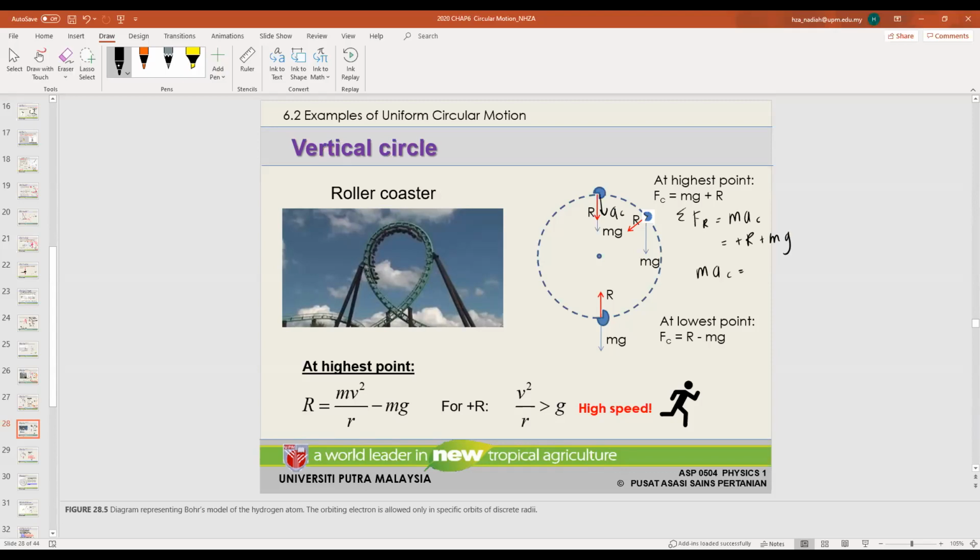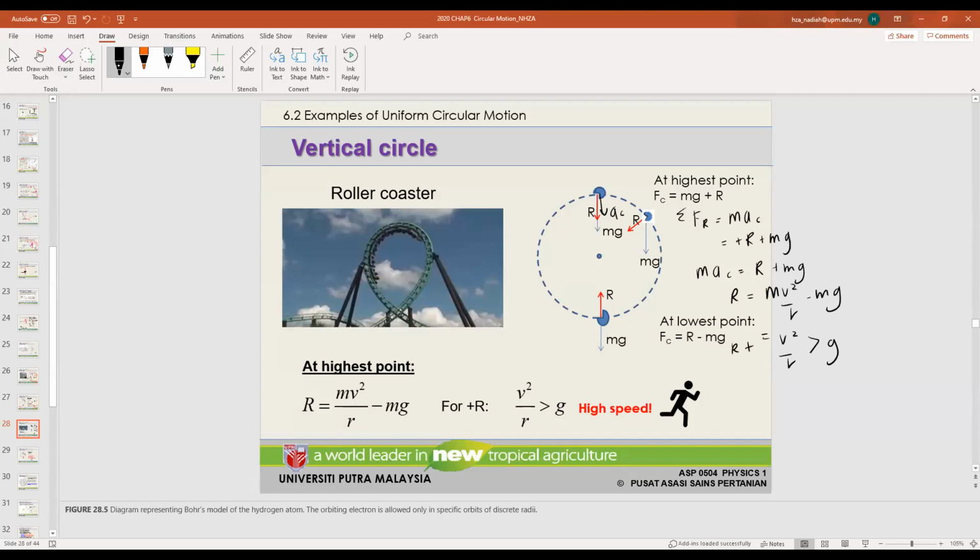This gives you equation MAC equals R plus MG. Rearranging this gives me R equals mv squared over R minus mg. For me to not die on this roller coaster, my v squared over R needs to be greater than g. Okay, if my positive R lah.